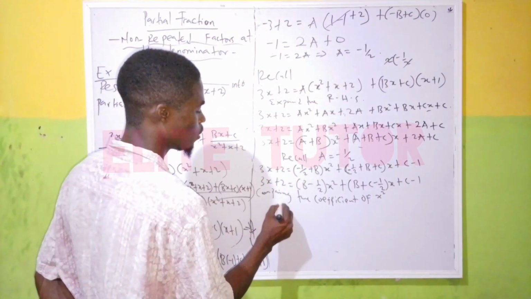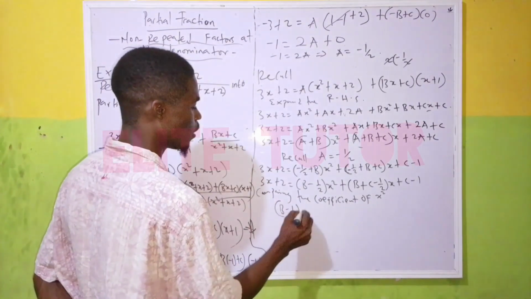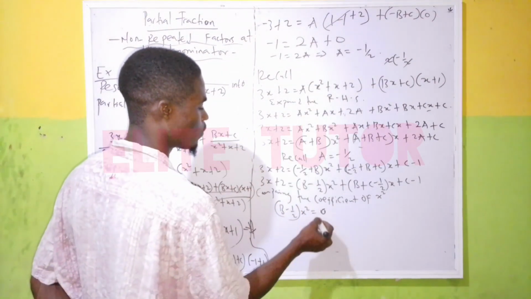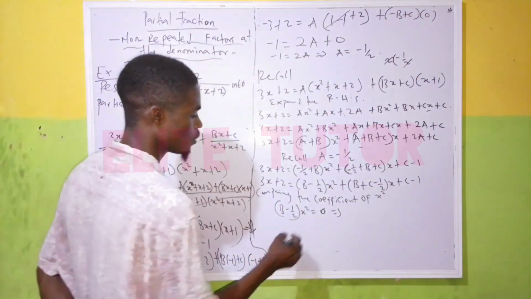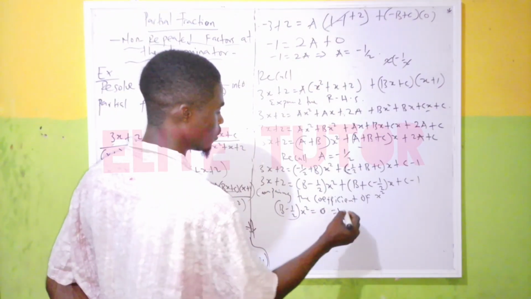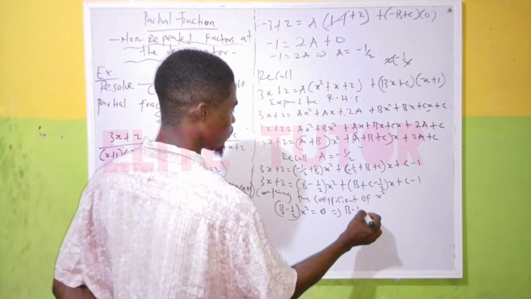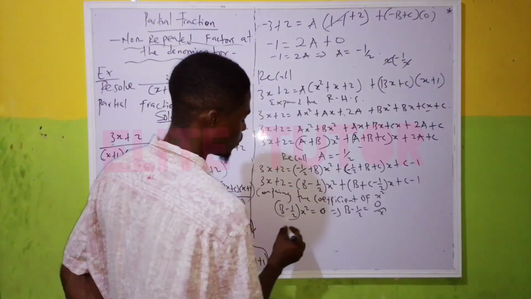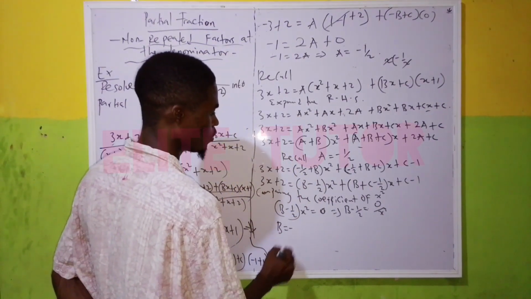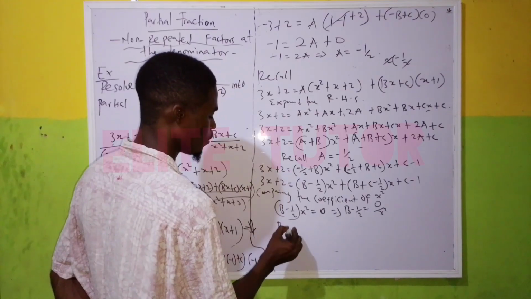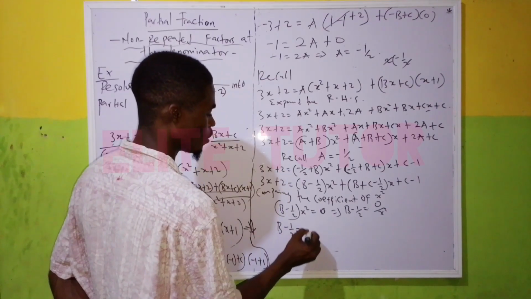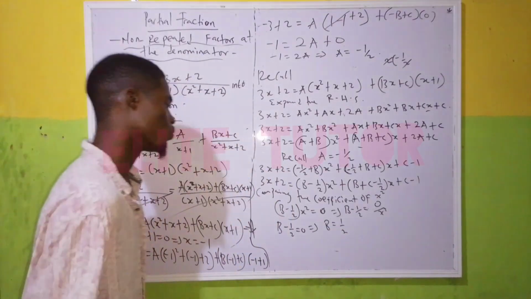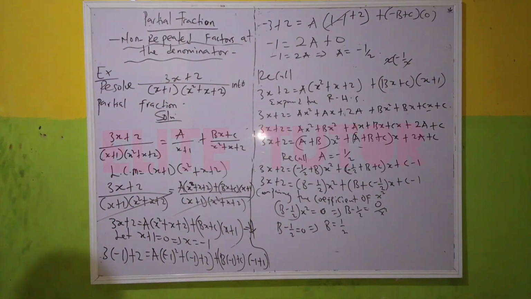So we have b minus half x squared, nothing having x squared here, so we equate it to 0. Which implies b minus half equals 0, which implies that b equals half. So we got half for our b.